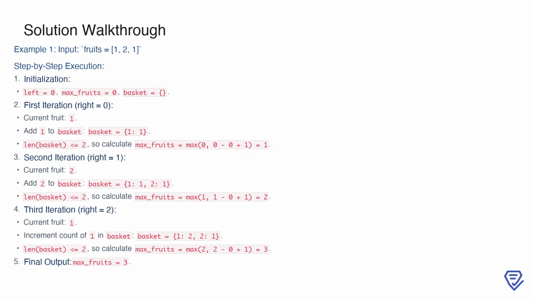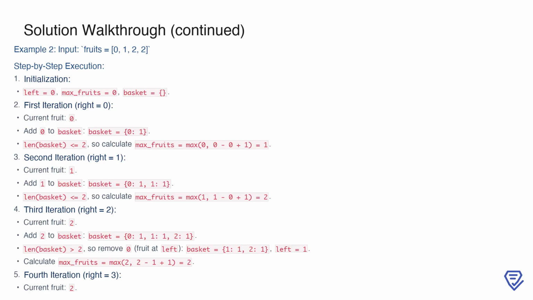At the third index, the fruit is 1 again. We increase its count in the basket to {1: 2, 2: 1}. Since the basket still has only two types of fruits, we update the maximum to max(2, 2 - 0 + 1), which equals 3. With no more fruits left to process, the final output for this example is 3.